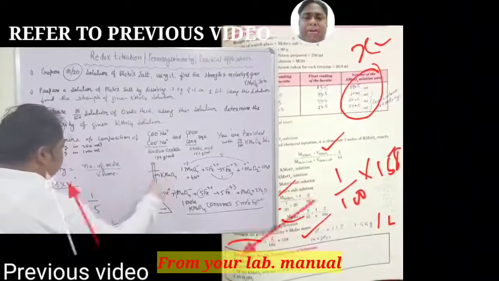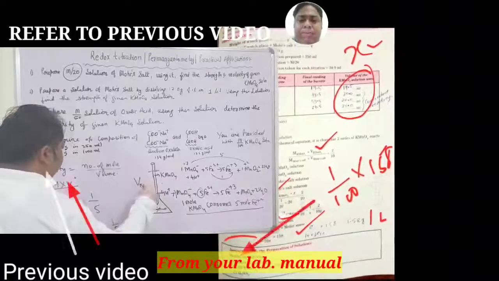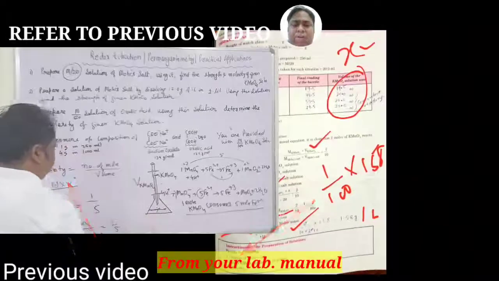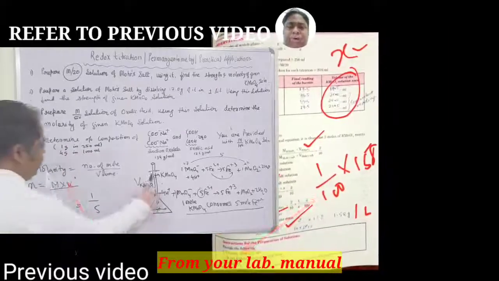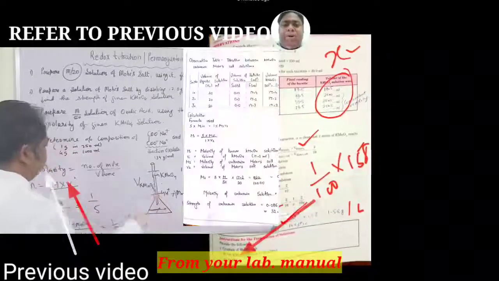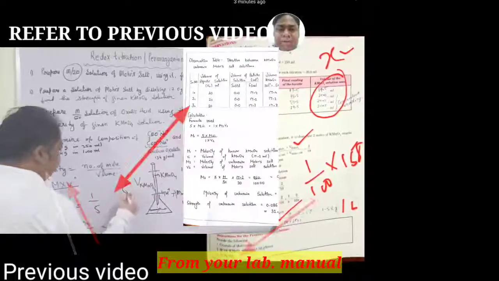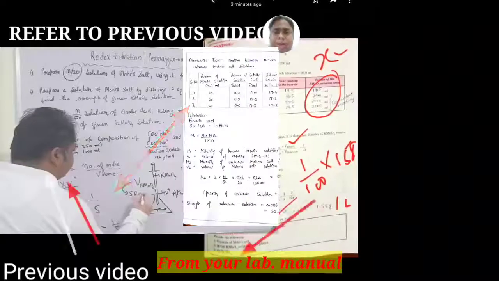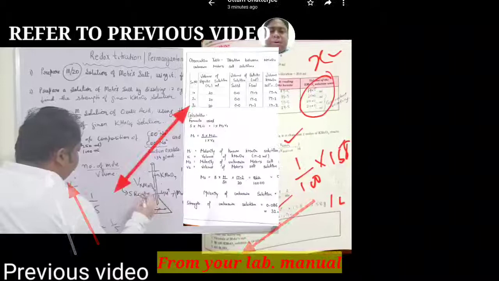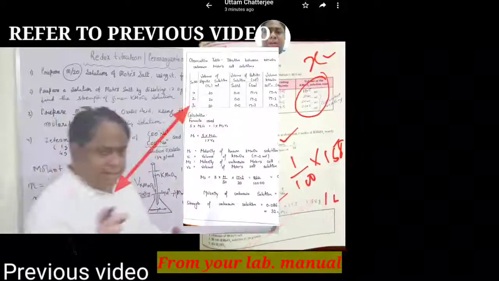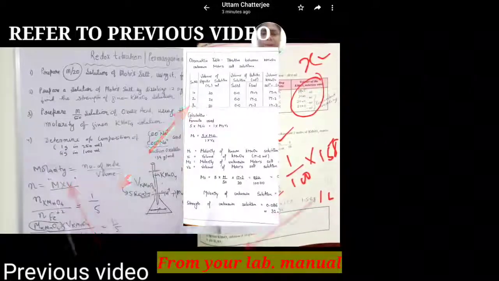Now I have explained what is there in your lab manual, and this was one of the 4 to 5 tasks based on redox titration which are given in your curriculum. In the next 4 days, I will be picking up those tasks and explaining them to you in this manner.